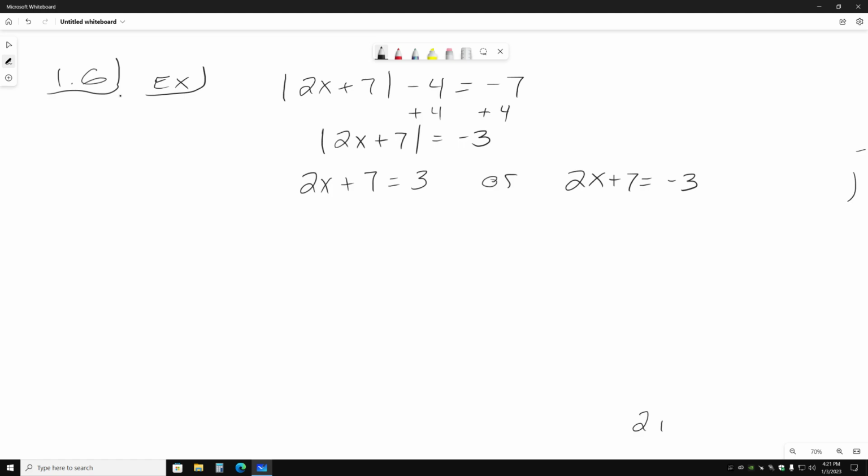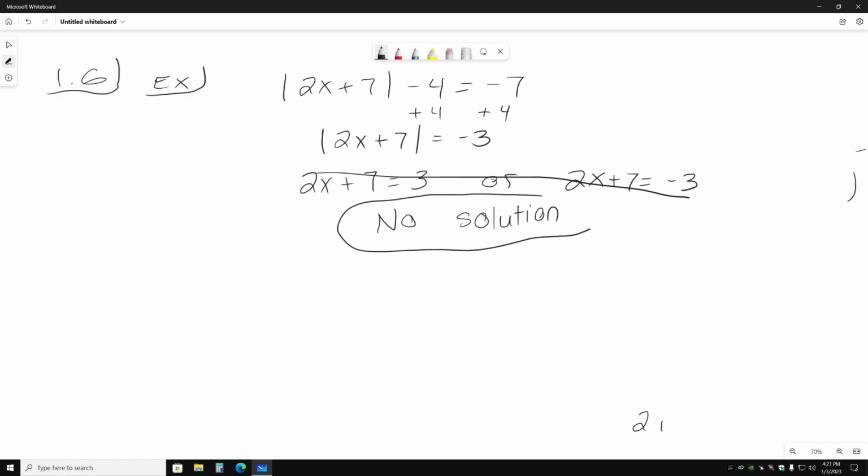The lowest output it can produce is 0, which means this scenario is impossible. There is no value that would cause 2x plus 7 to give a negative output when it's plugged into the absolute value function, which means this step is not needed. There is automatically no solution to this problem because this is less than 0.